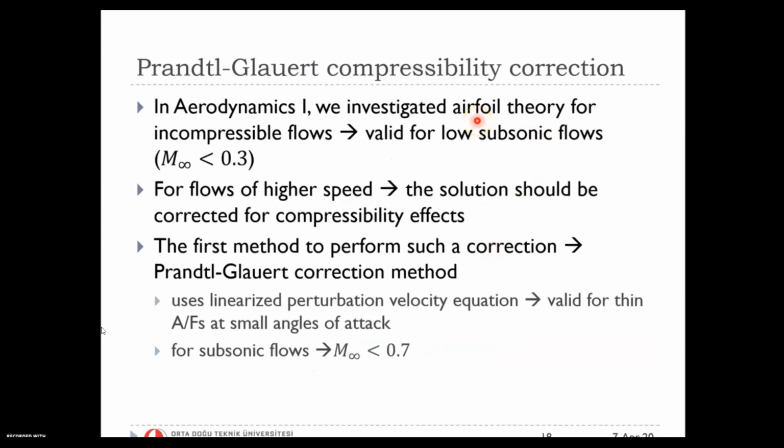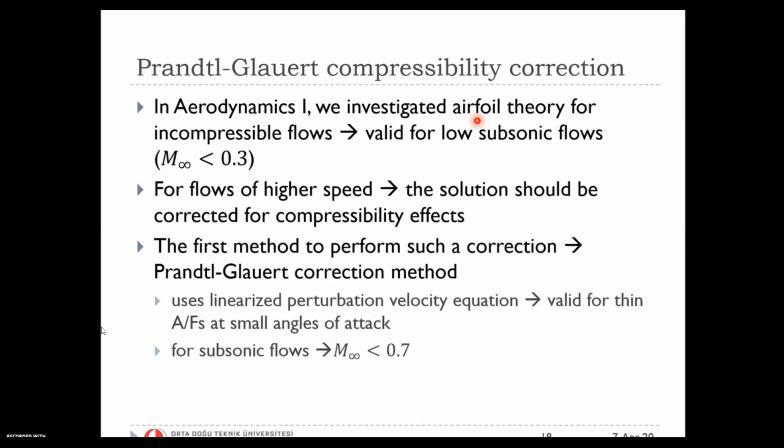In Aerodynamics 1, we saw in the thin airfoil theory that for incompressible flows, which is for Mach numbers smaller than 0.3, we may assume that the variations in density are negligible, so that we assumed it's constant, and we ended up with some equations, and once they are solved, we calculated pressure coefficient and some other forces and so on. Now let's look at what happens if the Mach number is greater than 0.3.